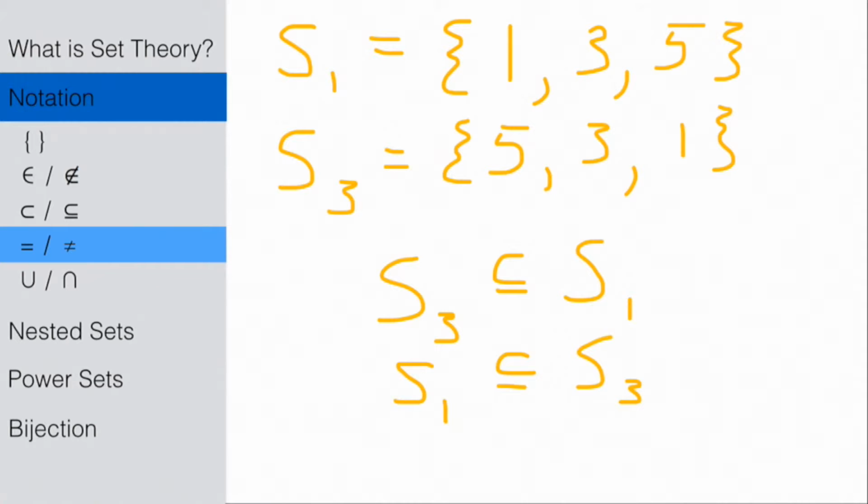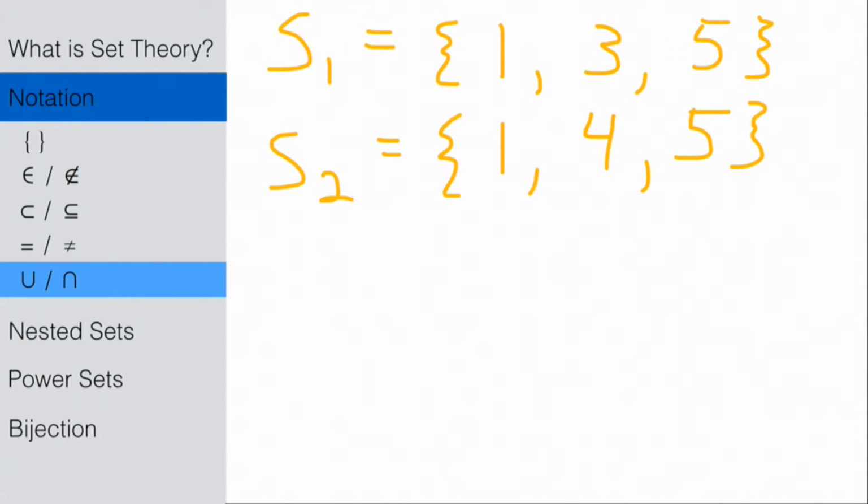Because all of the elements in S1 appear in S3 as well. So whenever you have both of these statements together, it actually confirms your intuition, and you can redefine this double relationship as equivalency. So if the first set is a subset of the second set, and the second set is a subset of the first set, then that means the two sets are equal. So equivalency in set theory just means that all of the elements are present in both sets.